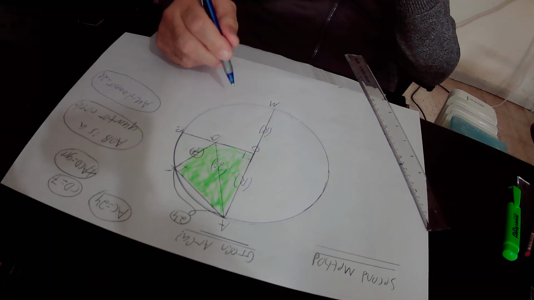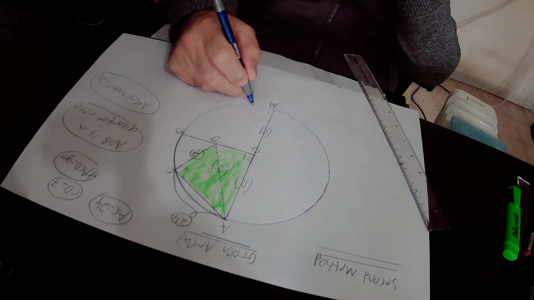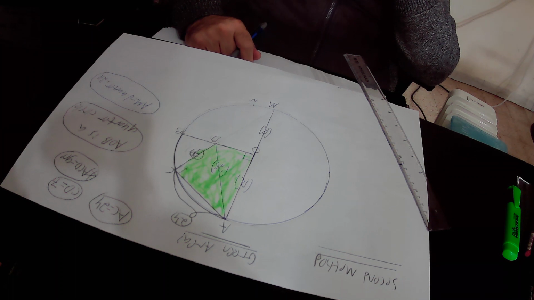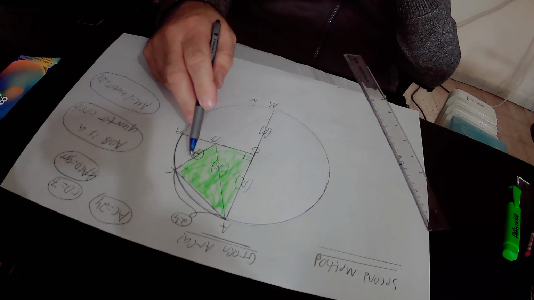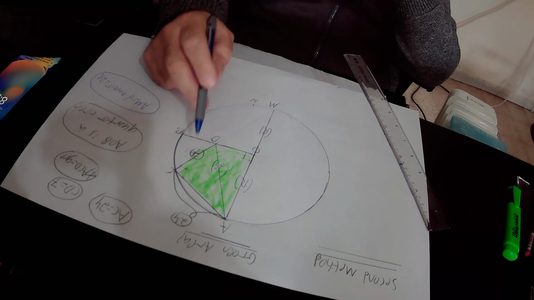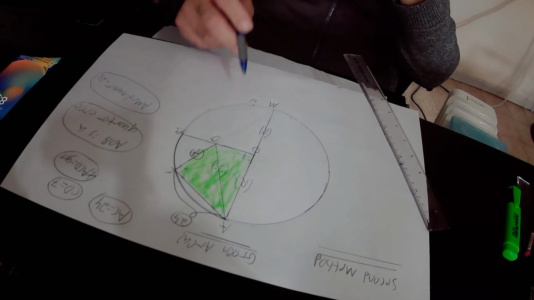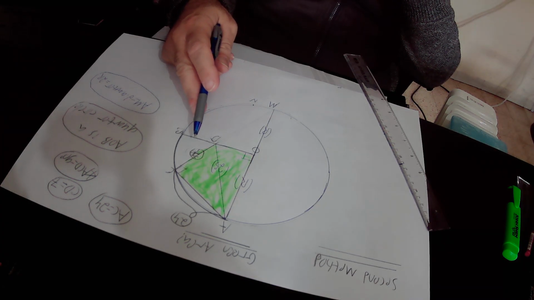For example, we'll assume that the extended side CD will touch the circle at this point, point N. It is given in the question that ACD equals 90 degrees. When we extend side CD, the angle ACD will not change its size. It will still be equal to 90 degrees.